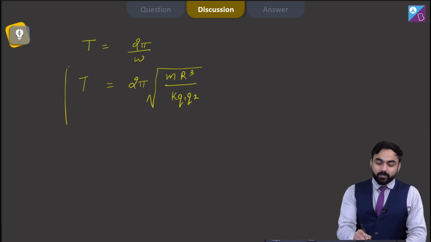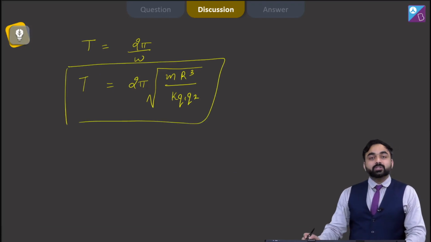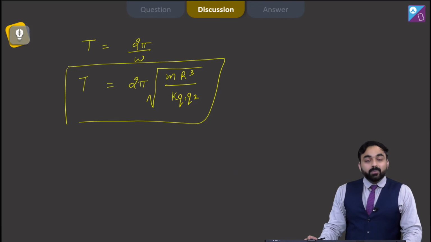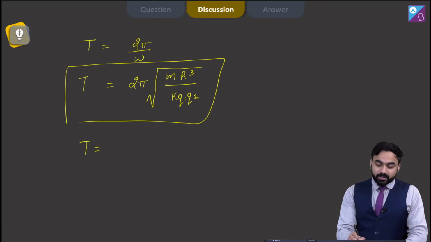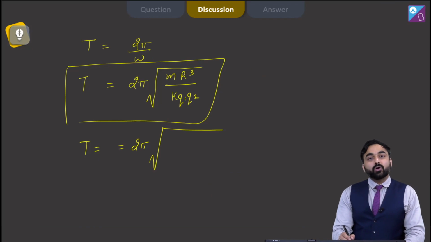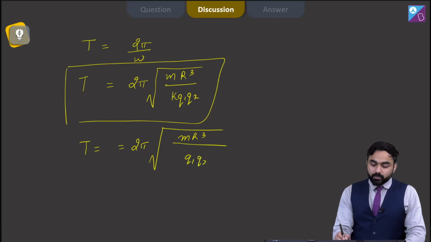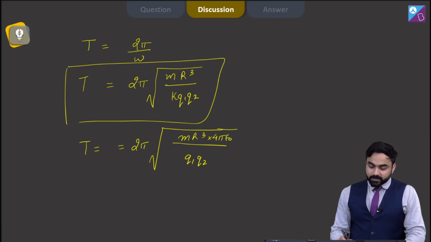So this is the time period of the plus q1 charged particle performing SHM. I am just substituting the value of k. K is 1 upon 4 pi epsilon naught. Therefore it becomes m R cube over q1 q2 into 4 pi epsilon naught, correct?